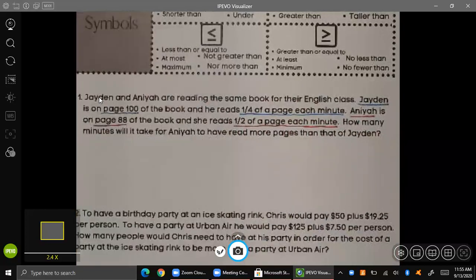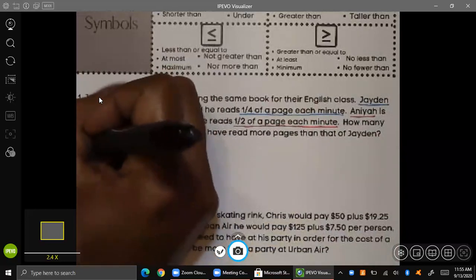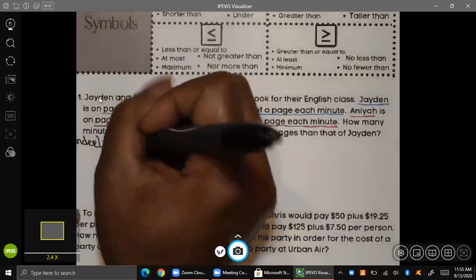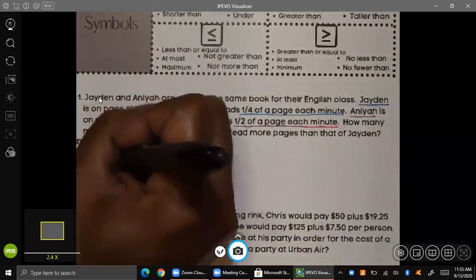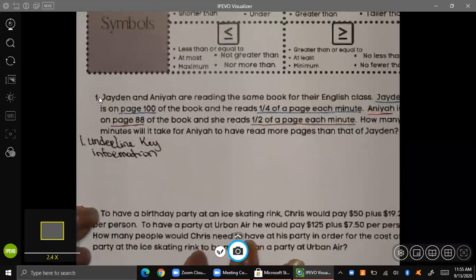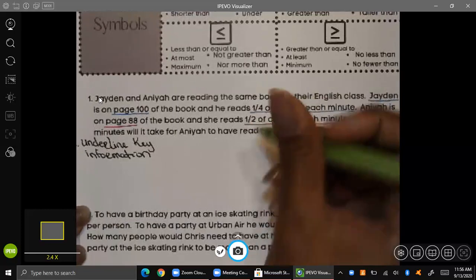So according to this, our step one was to identify or underline our information. Underline key information was step one. So now the next thing I'm going to do is I am going to create what we call a T-chart.